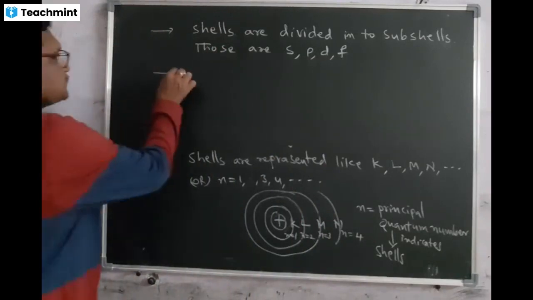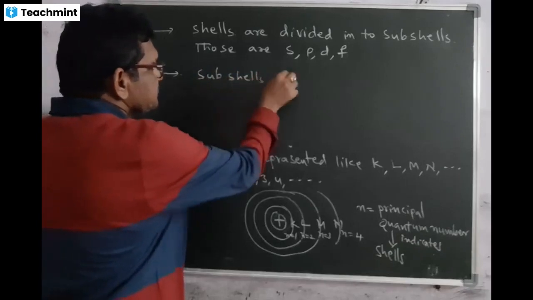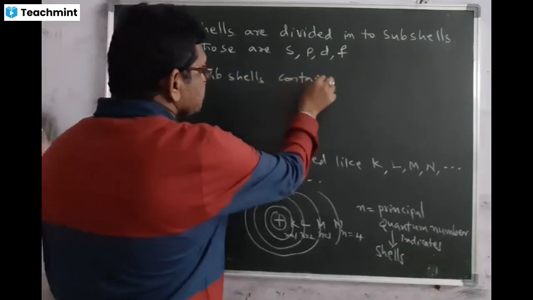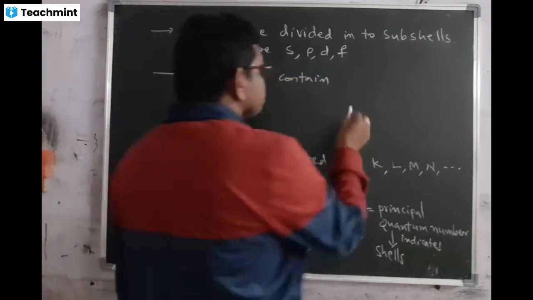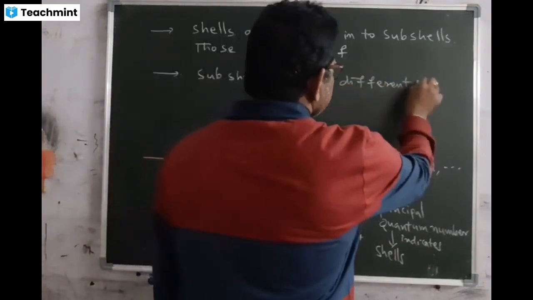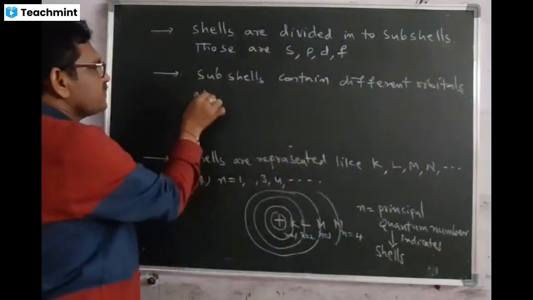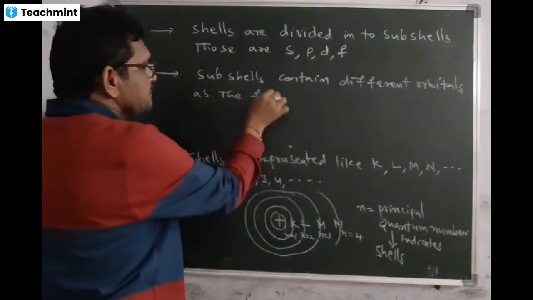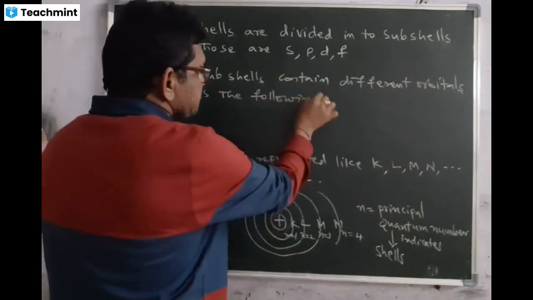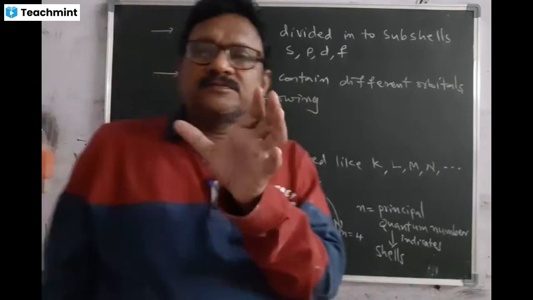Next, subcells contain different orbitals, as the following. See here, try to understand this thing.